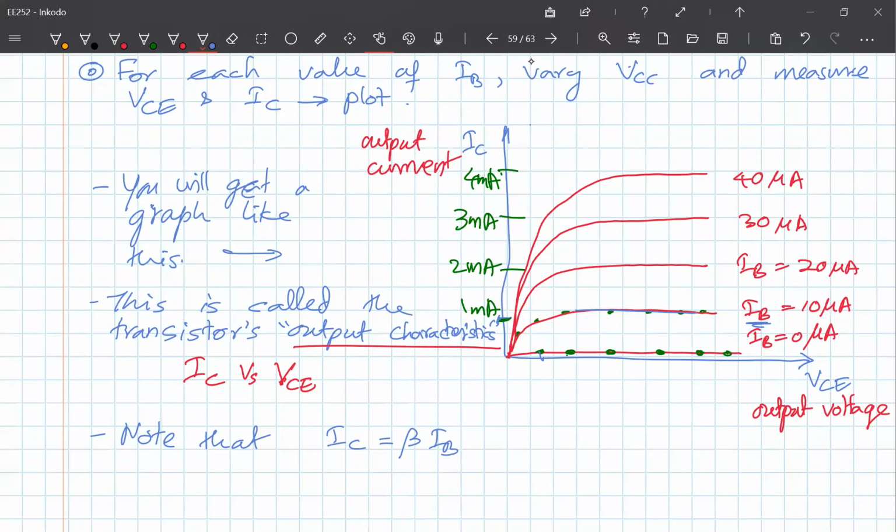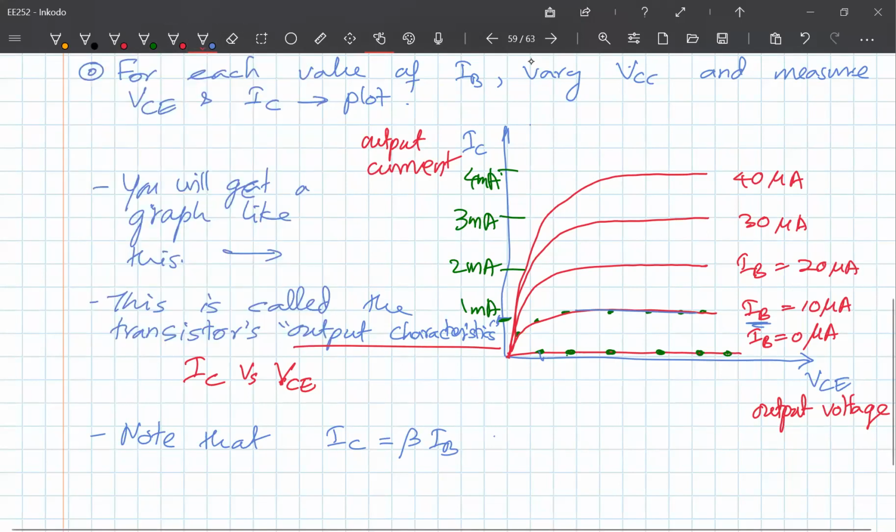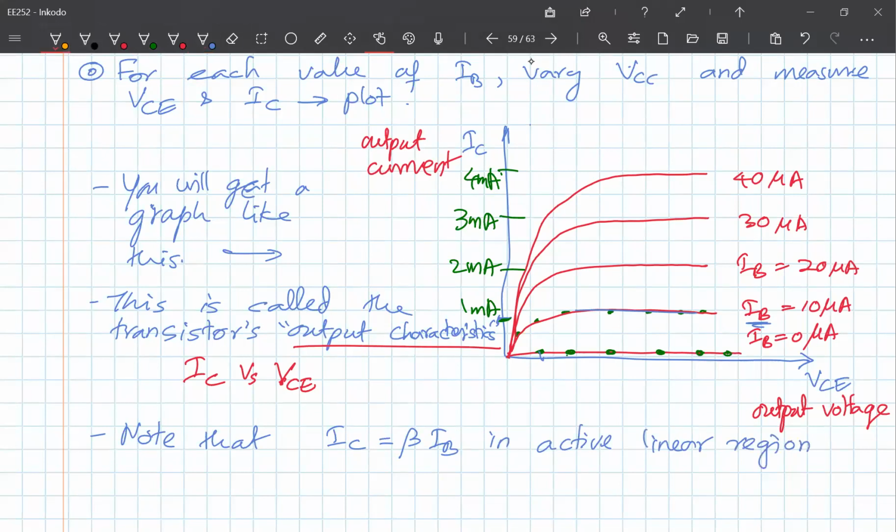This is called the active linear region. So this active linear region we can mark as this area. Okay, this is my active linear region, right?